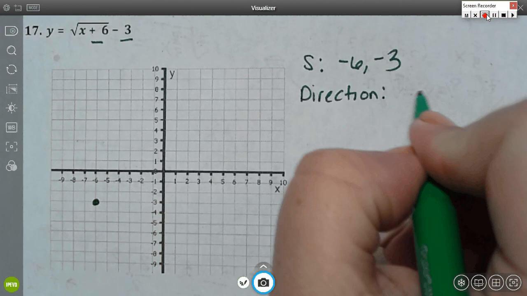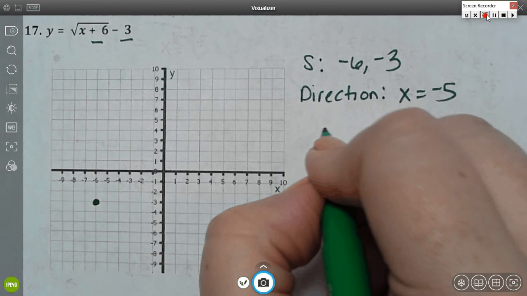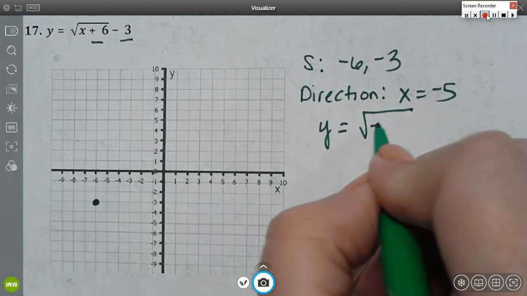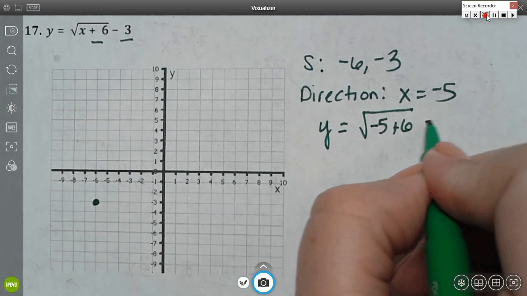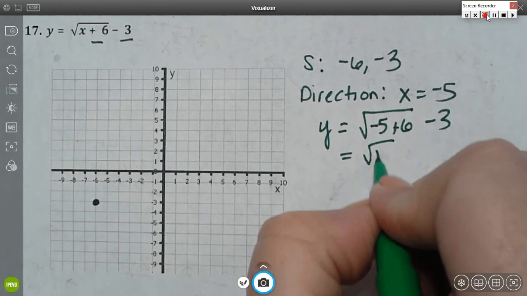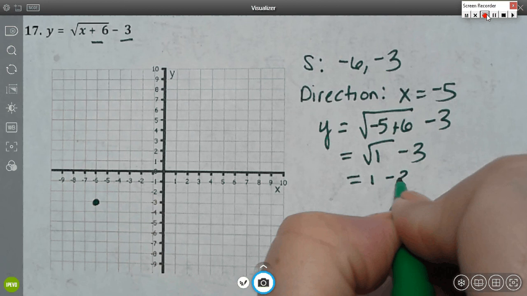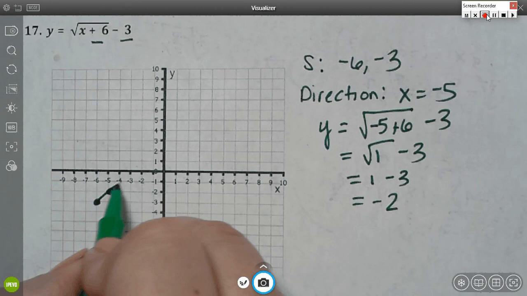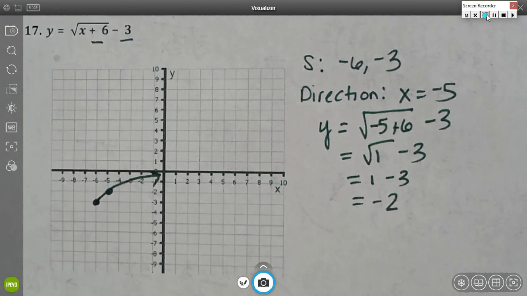So I'm going to use -5 because I'm going to just go one beside it. And that would give me the square root of -5 plus 6, minus 3. Which would leave me with -2. Okay, so there's my graph.